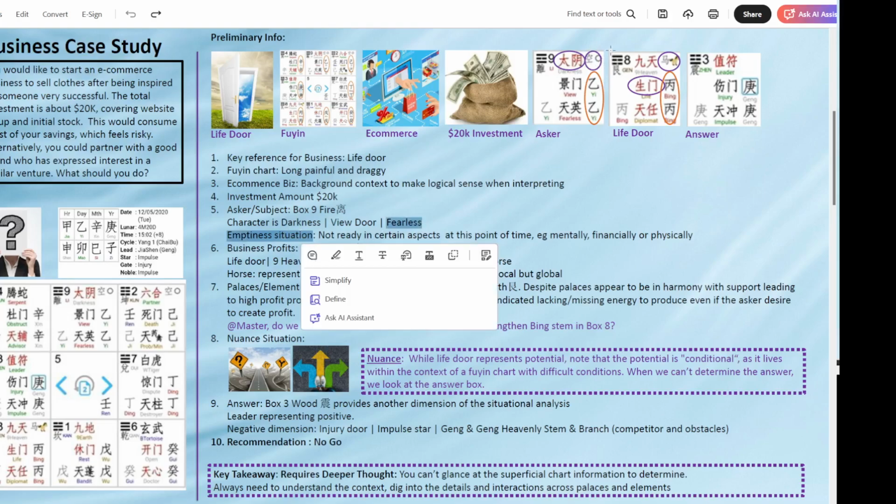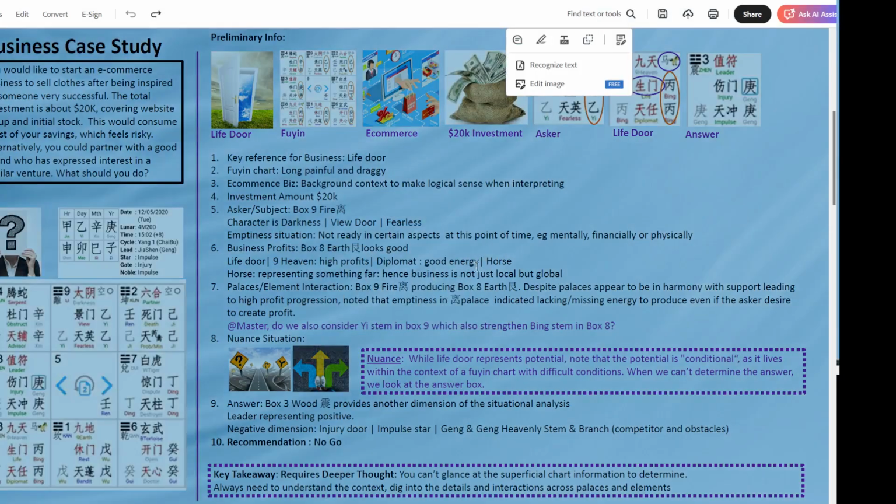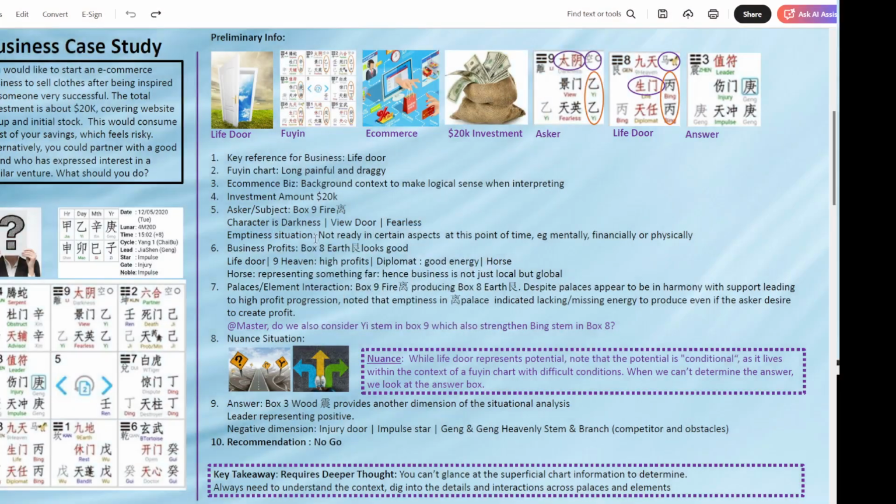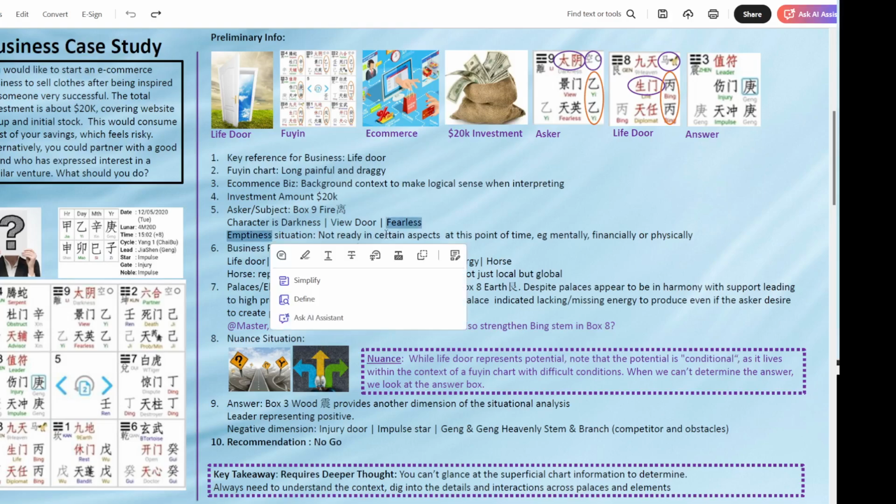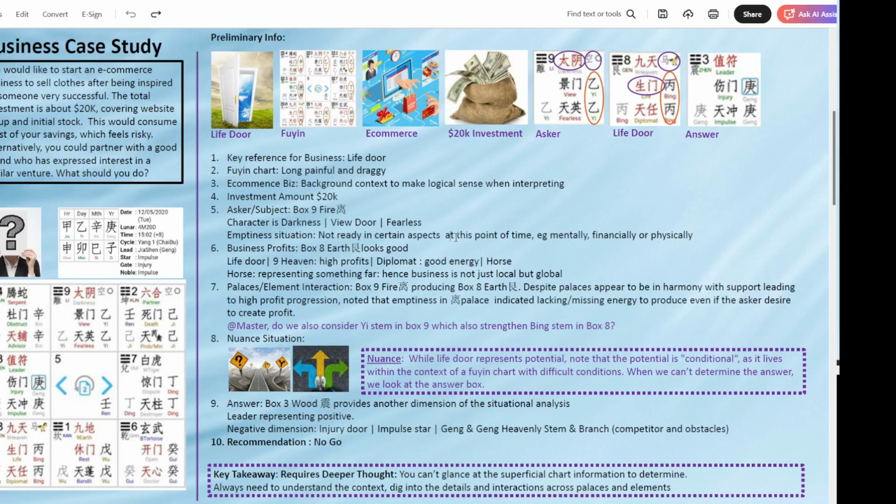You see, emptiness is here. It means the asker himself is not ready in certain aspects at this point in time, maybe mentally, financially, or physically. So not prepared or not ready to start up this business.